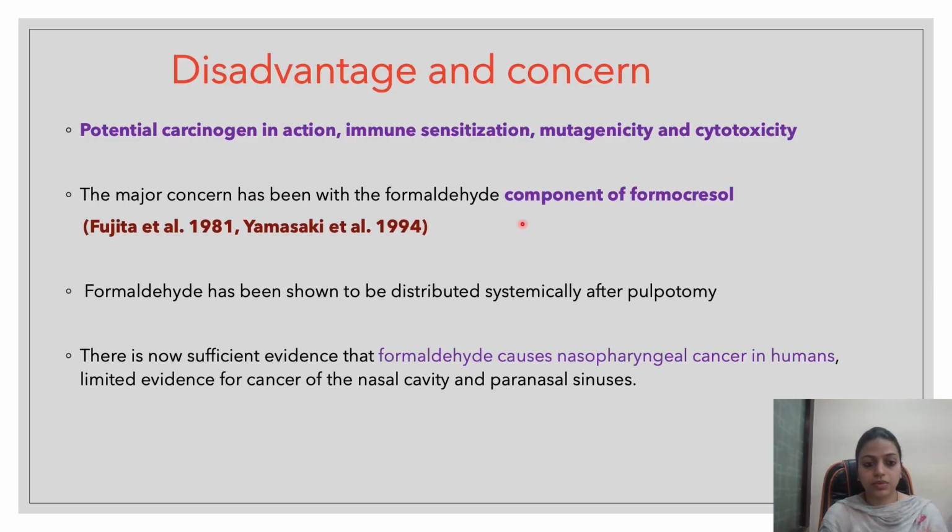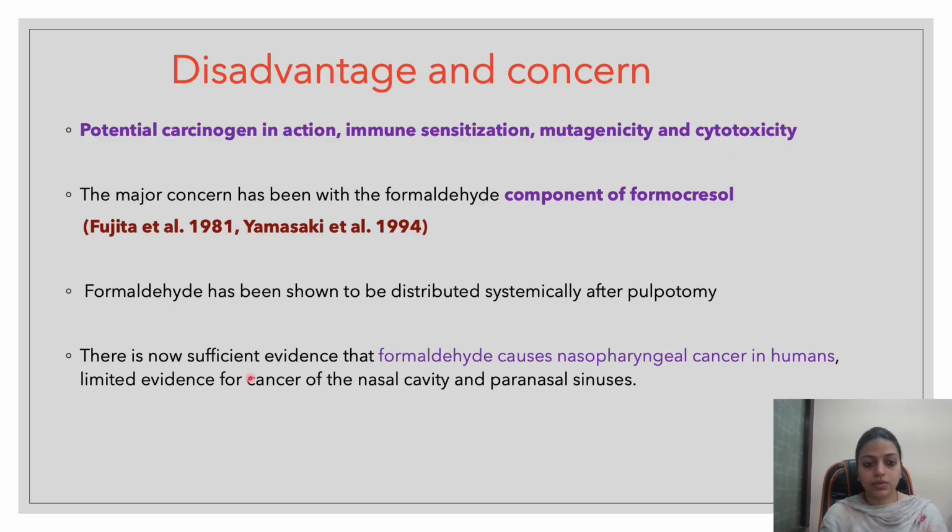The disadvantage and concern with formocresol is that it is carcinogenic. It causes immune sensitization, mutagenicity, and cytotoxicity. That is a major concern. The major concern is with formaldehyde, which is the main component of formocresol and is the one which has all these disadvantages. It has been shown to be distributed systemically also after pulpotomy.